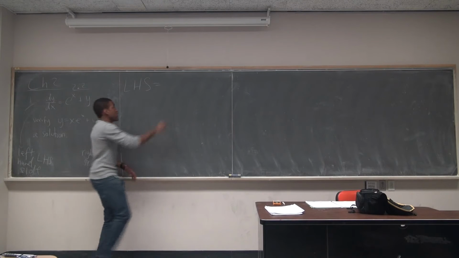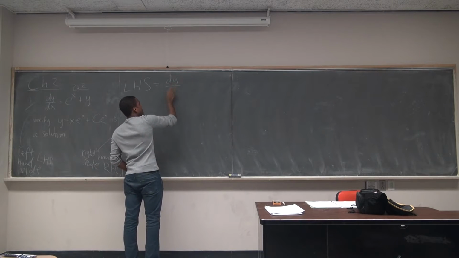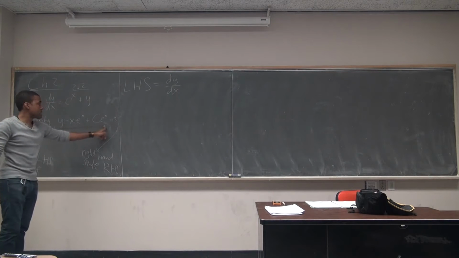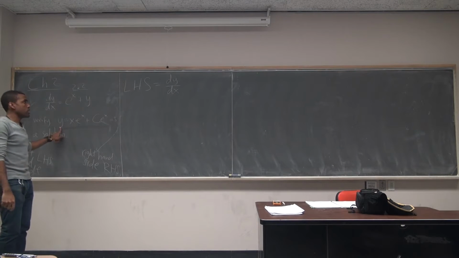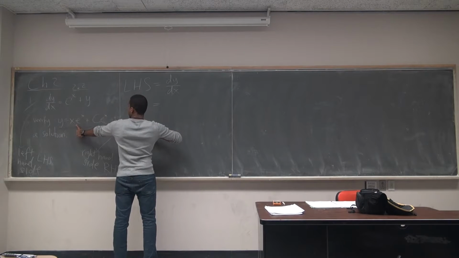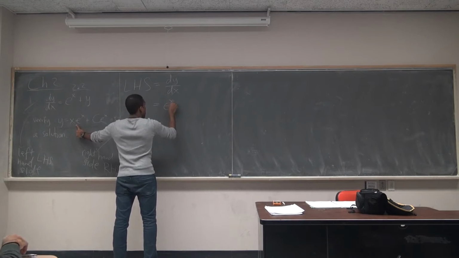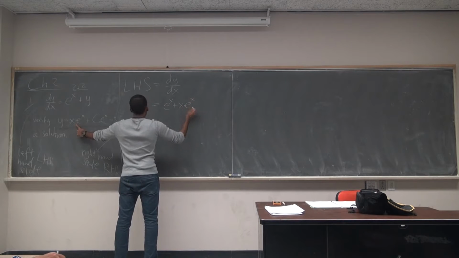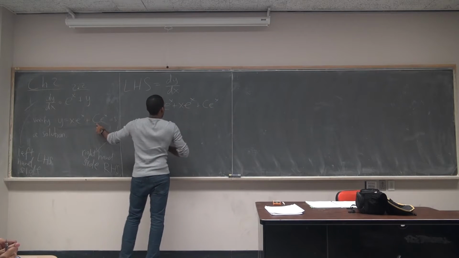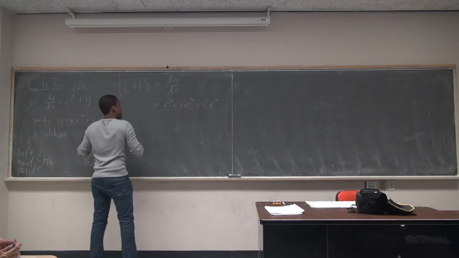Okay, so I'm looking at the left-hand side. The left-hand side is dy dx. Now if I'm assuming that my y is this, then what is dy dx? It's e to the x plus x e to the x plus c e to the x.